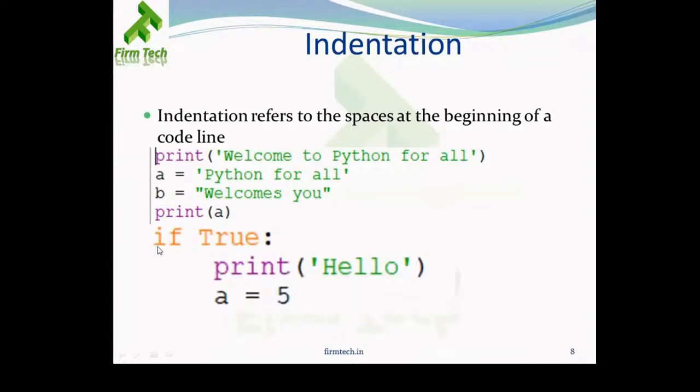See here, this is a decision-taking statement. That is, if the condition is true, then it should execute two lines: print hello as well as assign a equal to 5. In this case, print hello and a equal to 5 are indented by some space, almost 4 spaces.